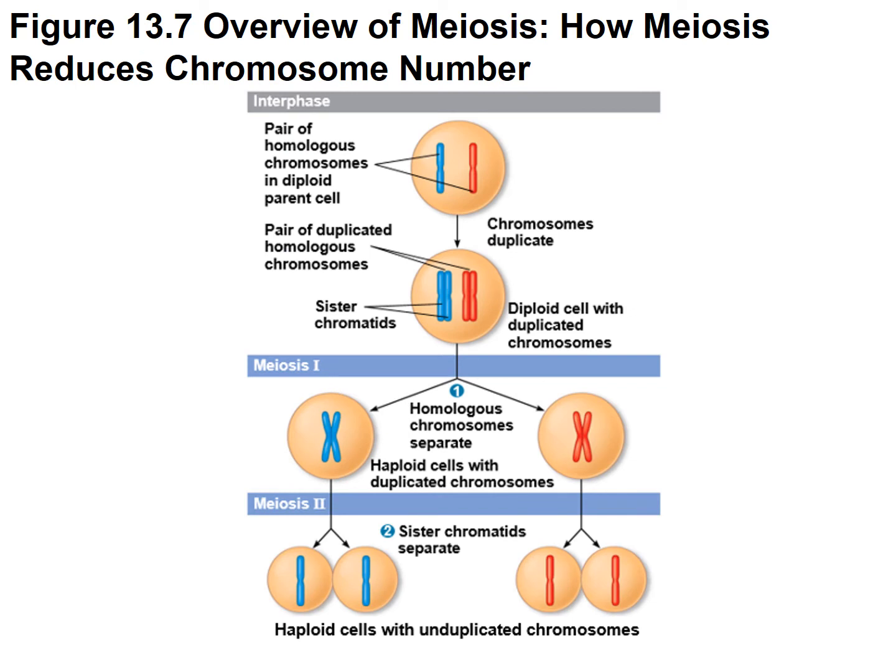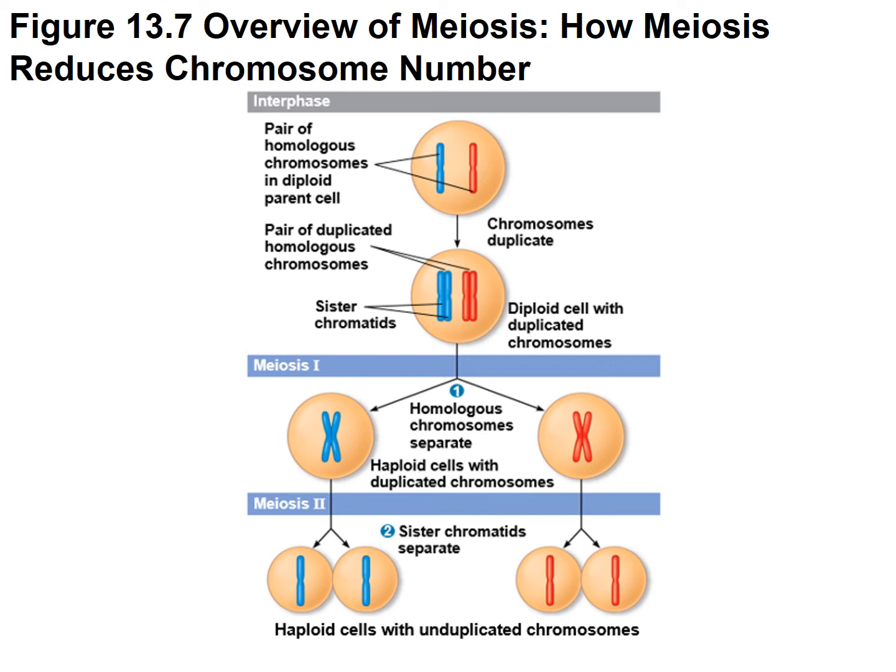Figure 13.7 gives an overview of what's happening in meiosis. Then we're going to look in a little more detail at the different stages. We're going to look at how it reduces the number of chromosomes. So first we're starting with interphase, and it's showing a pair of homologous chromosomes in a diploid parent cell. Remember, during interphase is when the chromosomes duplicate or replicate. So now we have 2 pairs of sister chromatids.